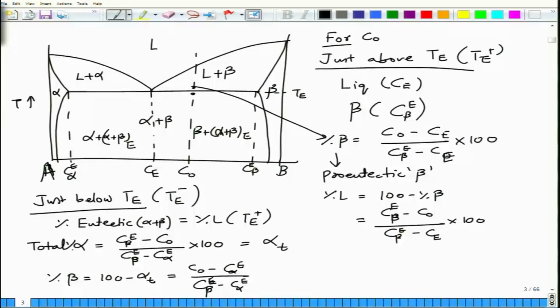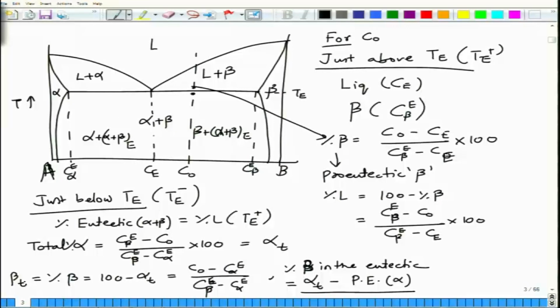So now we want to calculate the percentage beta in the eutectic. In this case we are looking at beta, okay. So this is beta T, total beta.